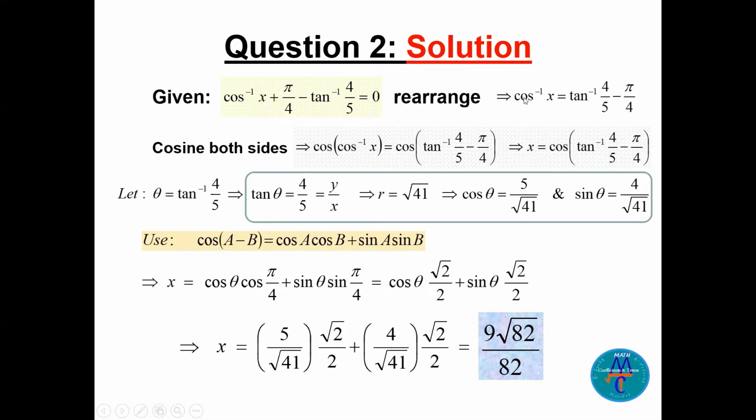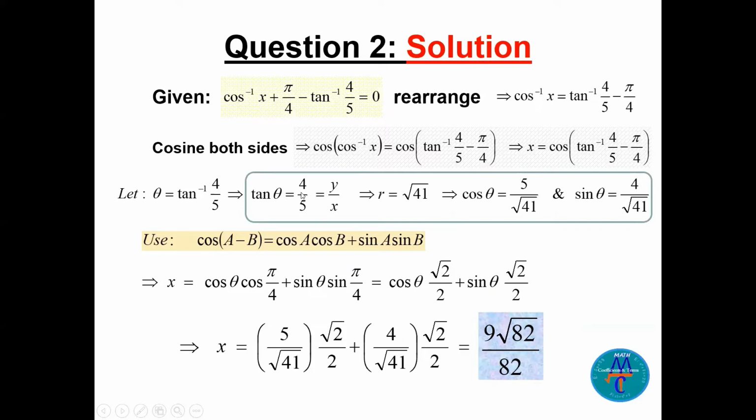Then I take cosine on both sides. So it will be cosine inverse of x is equal to cosine of the other side. Now by the cancellation property, this will be x. Now on the right side here, we have 2 angles. This is like theta, and this is pi over 4. So I would say let theta be equal to this angle here, tan inverse 4 over 5.